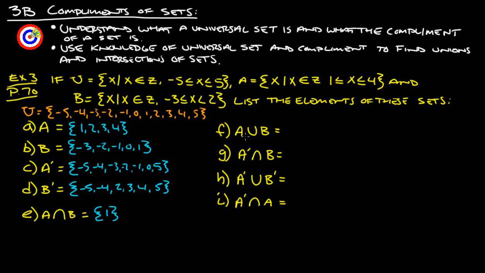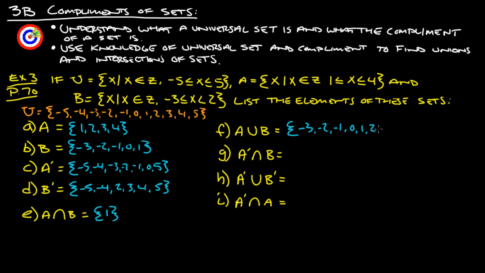Okay, so our answer there is just the set that includes 1. For F, we have A union B, so it's everything that's in A and B. Any element that appears in either one of those will be included here. So A is 1, 2, 3, 4, and then B is -3, -2, -1, 0, and 1. So let's start with -3, -2, -1, 0, 1.